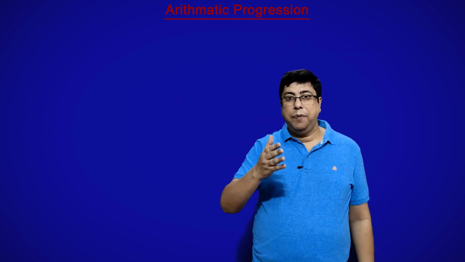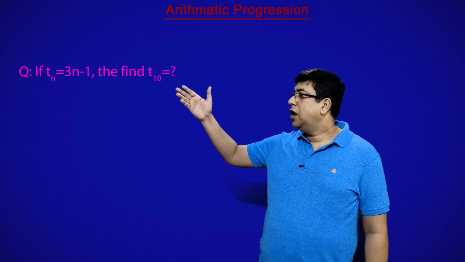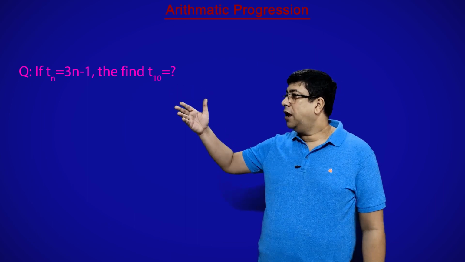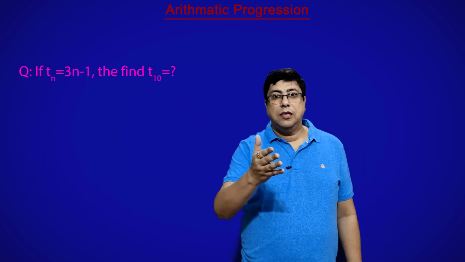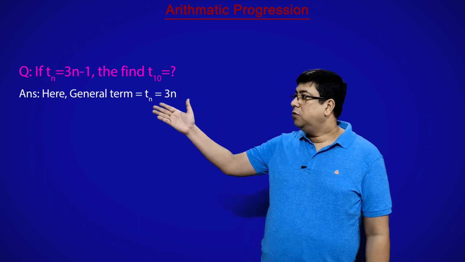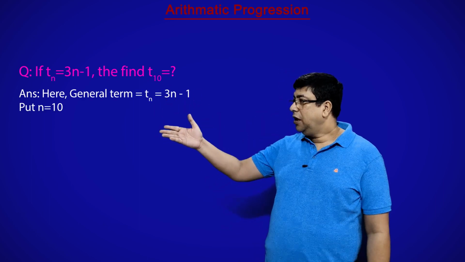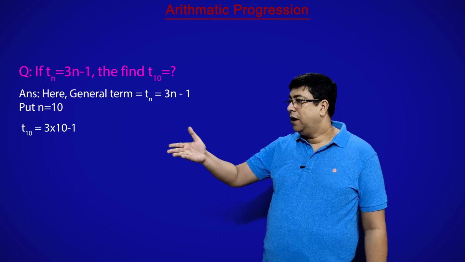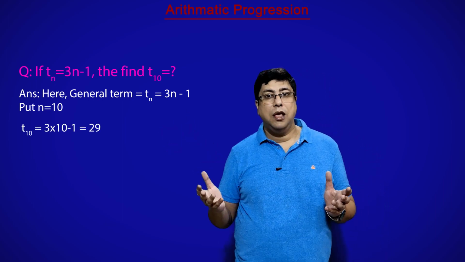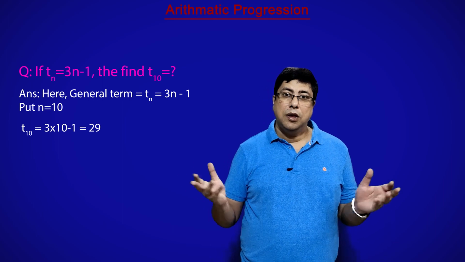I am giving one example. If the nth term of an AP is 3n minus 1, find the 10th term. In this case, the general term Tn equals 3n minus 1. Just put n equal to 10 here. The answer comes to 29. In this way, we can easily get any term.